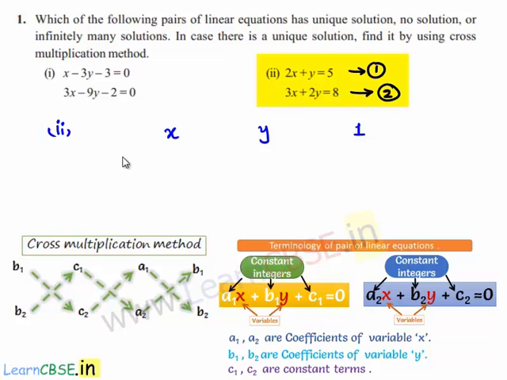Here we write the coefficient of y which is 1 and 2. Now we write the constant terms which are -5 and -8. Next we write the coefficient of x which is 2 and 3. Again we write the coefficient of y which is 1 and 2.